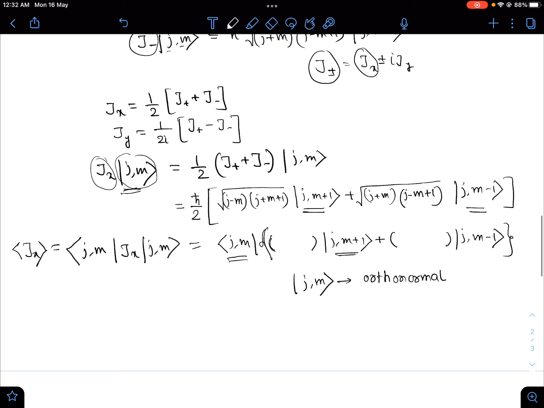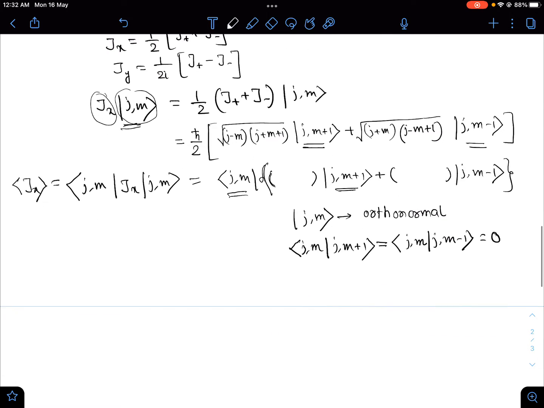That is why the overlaps with |j, m+1⟩ and |j, m−1⟩ both give us 0. So that is why we have the average of Jx to be 0.